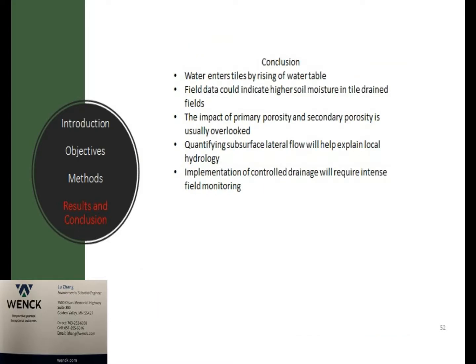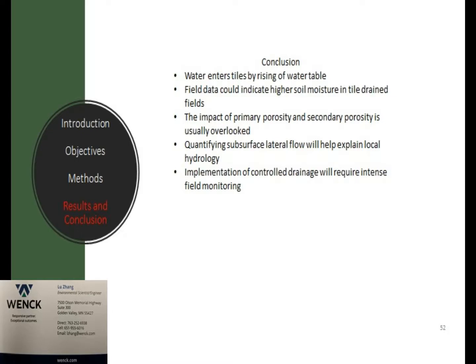So to conclude the study, water enters the tile by the rising of the water table, which is supported by all the data, and field data indicate high soil moisture in the drain field. That's why, with the implementation of controlled drainage, it will require much more intense field monitoring to closely look at soil moisture within the field itself, to understand the timing of release and the timing of leaving the water in the field.